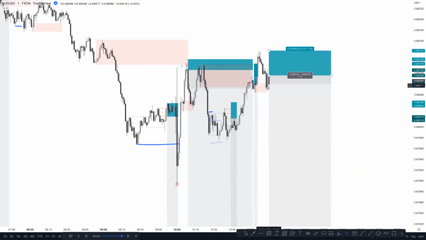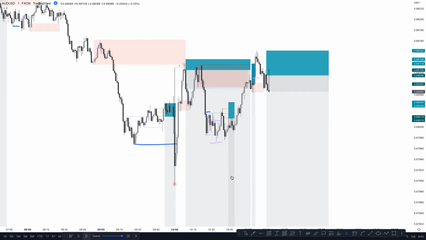right? And if market fill this demand is here mini demand and this convert into D2S demand to supply, then we can again sell. Let's see. Okay, this demand still valid.